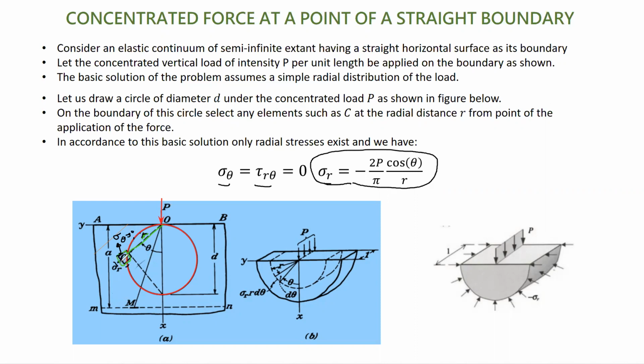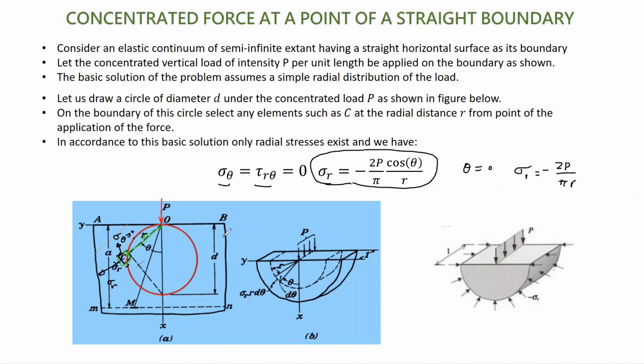And I only have sigma r, which will change with angle theta. If theta is equal to zero, that is, I am on the x-axis, sigma r would be maximum, 2P over pi r. So for theta equal to zero, the stress would be minus 2P over pi r.